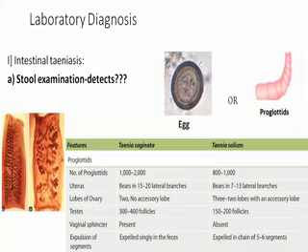Suppose eggs are very few in the stool sample, then we have to go for stool concentration methods, either formalin treated or salt flotation techniques. These are the stool concentration methods which yield better egg identification.